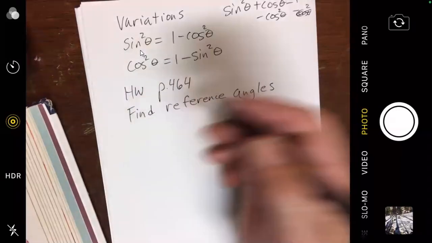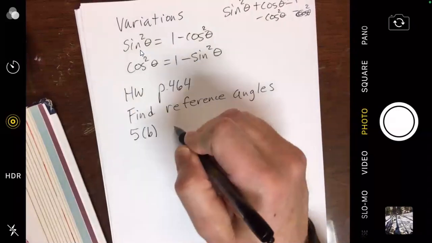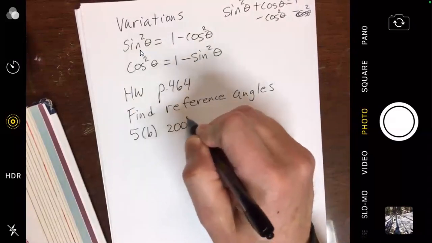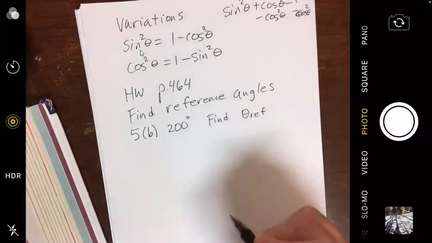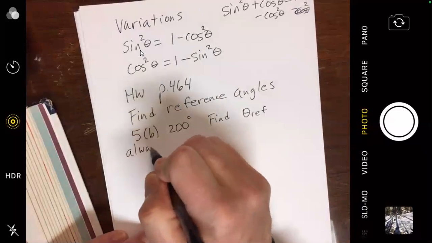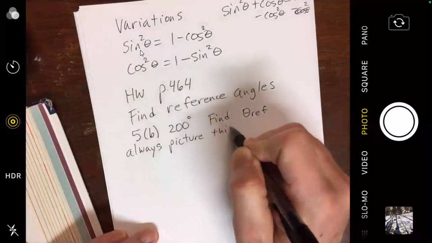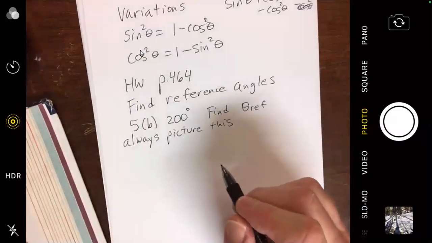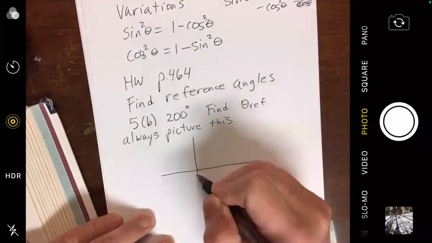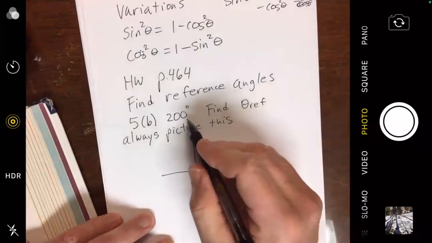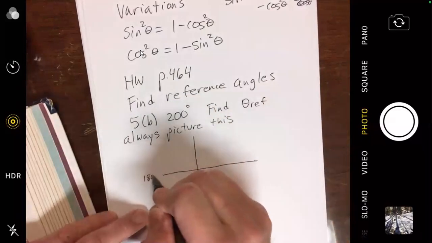In fact, 120 degrees, I've already done 120 degrees. I'll do 5B. 200 degrees, find theta ref. I always picture this. Now, once you get good enough, you might be able to do the picture in your head, but it's tough to see neurons floating around my head. 200 degrees, you got to be able to picture which quadrant things are in. See, this is 180 degrees.